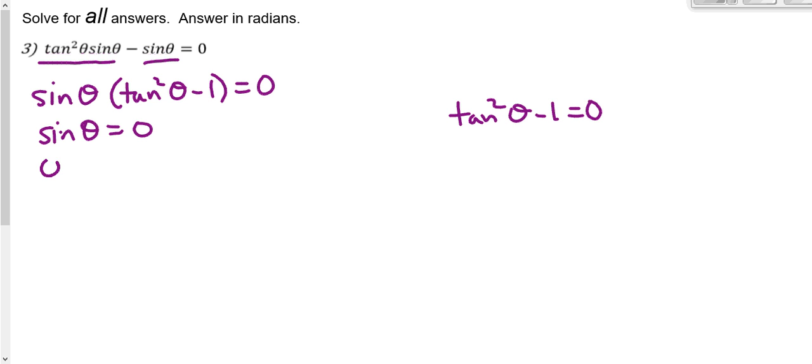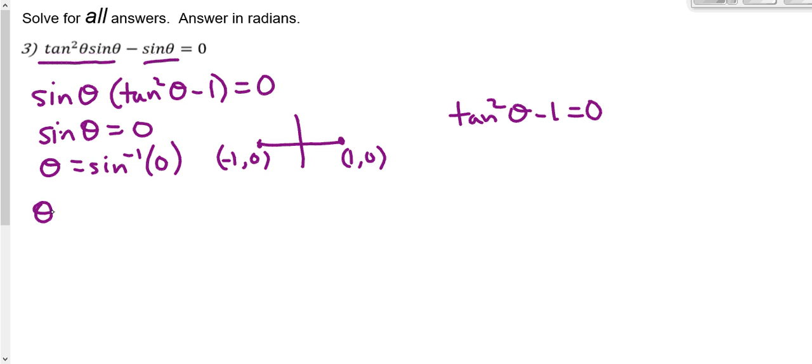Going back to the first equation, we'll take the inverse sine of both sides. The angle whose sine is 0, we have a couple of them. We have 0 degrees and we have 180 degrees.